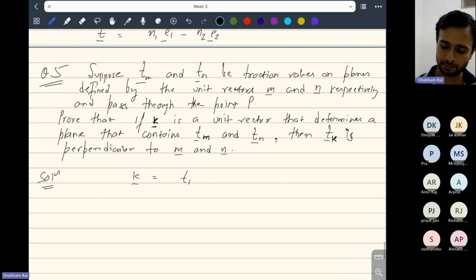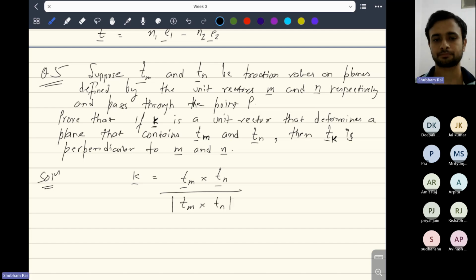So this will be Tm cross Tn, and we'll divide it by the magnitude also. So this will be the K vector. Let's say this is one.